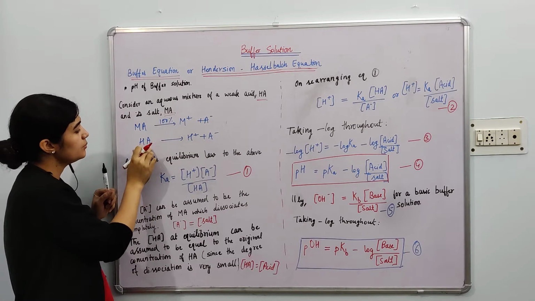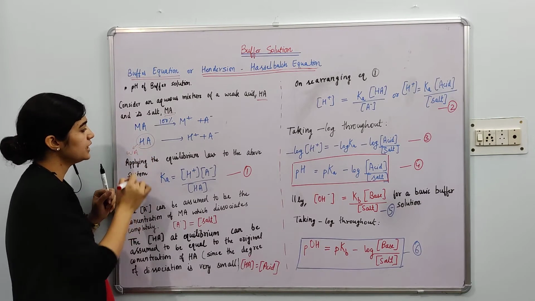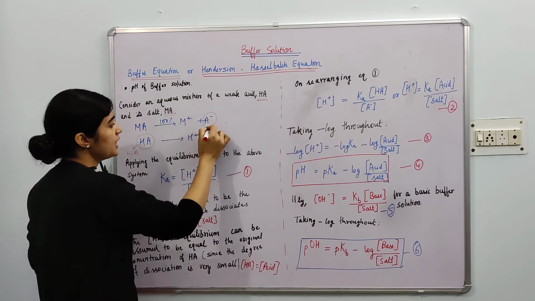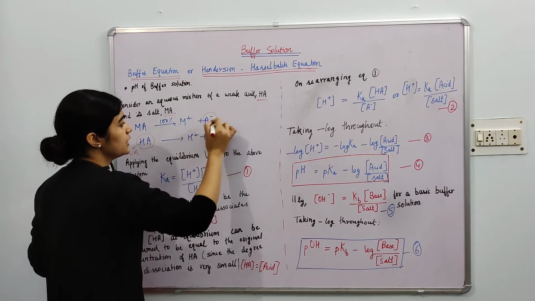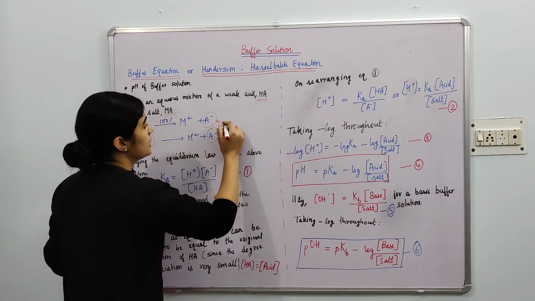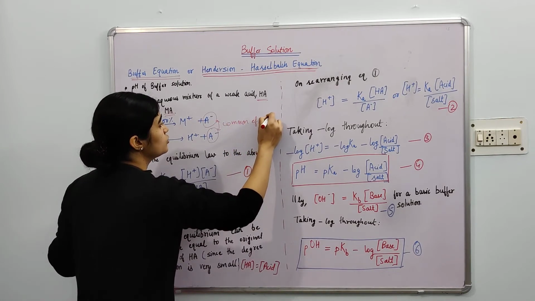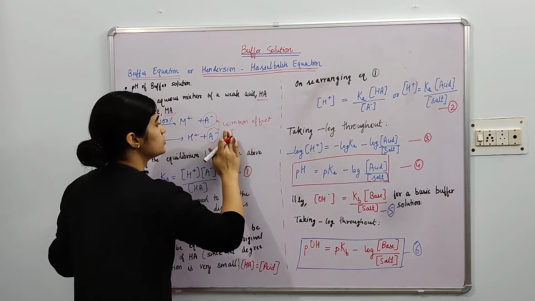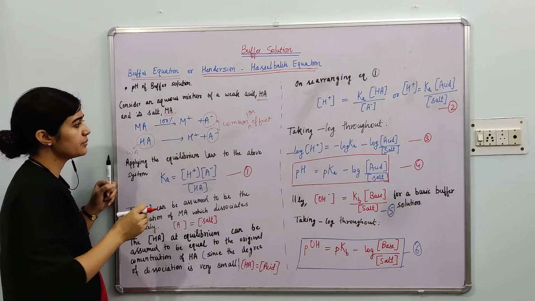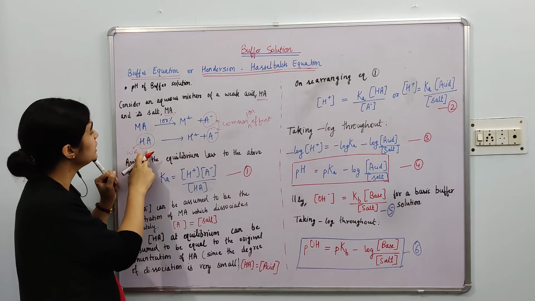Now HA, being a weak acid, dissociates to a very small extent, but here also, due to the common ion effect, its dissociation is further diminished. So the common ion effect is coming into play and further diminishing the dissociation of your weak acid.